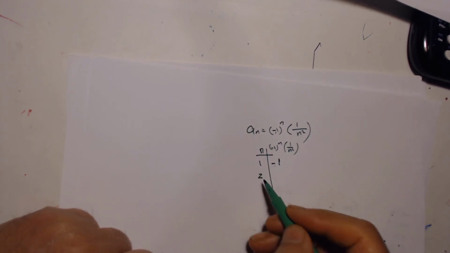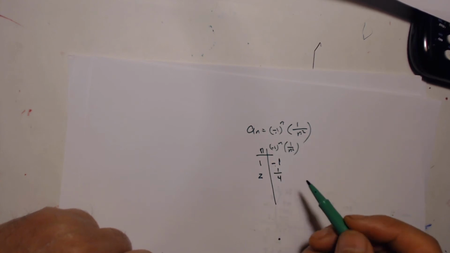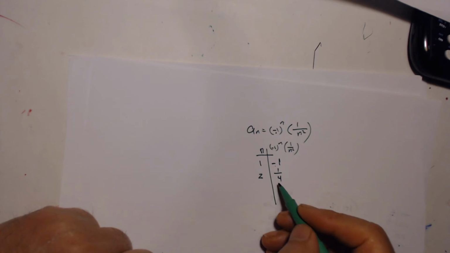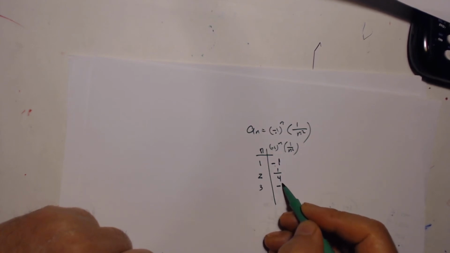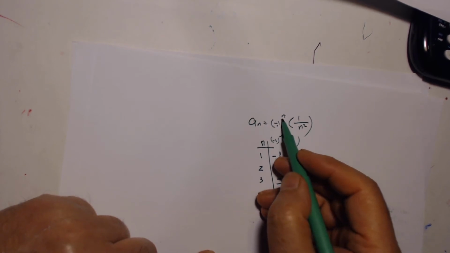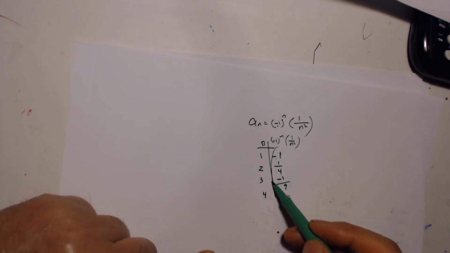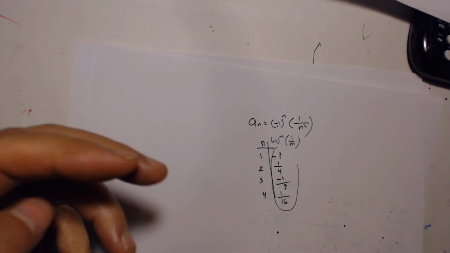When n is 2, negative 1 to the power of 2 gives positive 1/4. When n is 3, it becomes negative 1 over 9. When it is 4, that's even, it becomes plus 1 over 16. Therefore, do you see positive, negative, positive, negative, positive, negative?